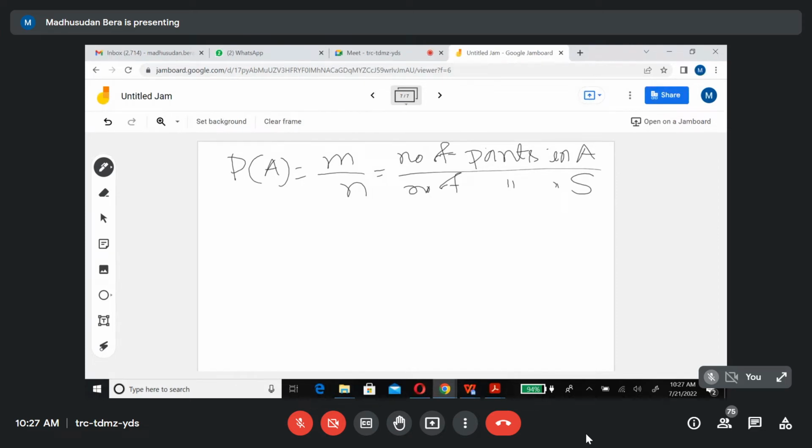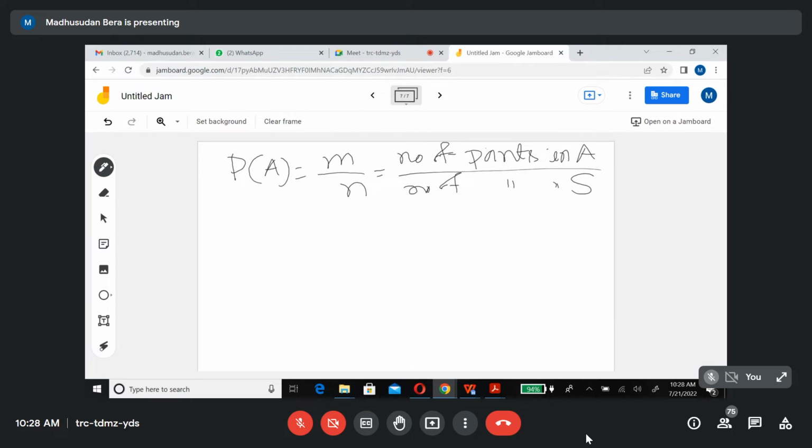In that case, what will be the probability of A? If S contains an infinite number of elements, what is P of A? We cannot conclude. If A contains a finite number of elements, then it will be 0, because M is a finite value and N is infinity. But that does not always happen.